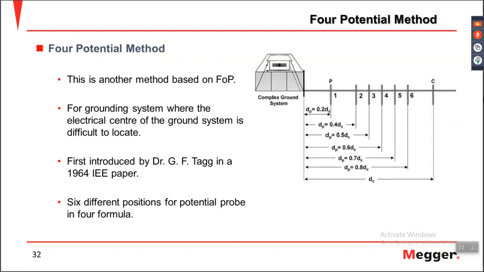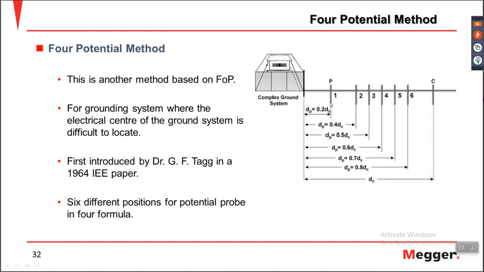Next method is the four potential method. This is another method based on the fall of potential, first introduced by Dr. G.F. Tagg in 1964. You need to take six different positions for the potential probe in four formulas. So you need to take measurements at 20%, 40%, 50%, 60%, 70%, and the last one is 80%.